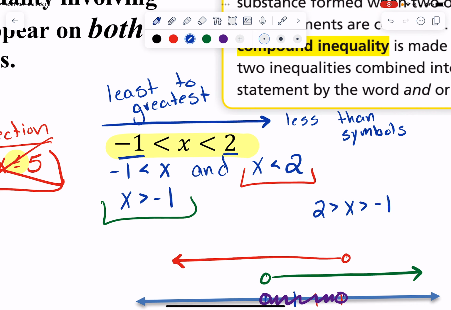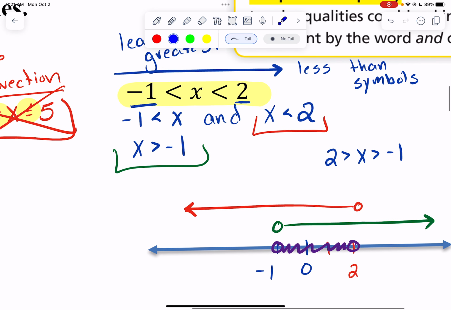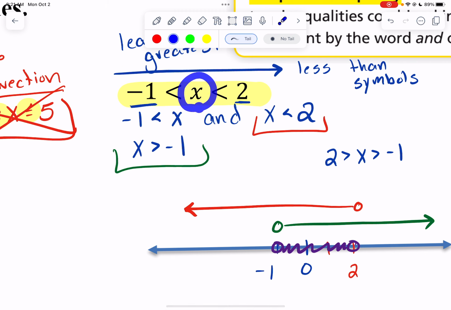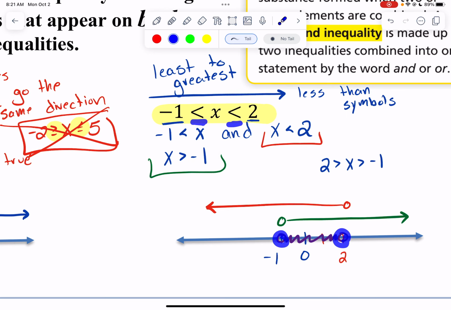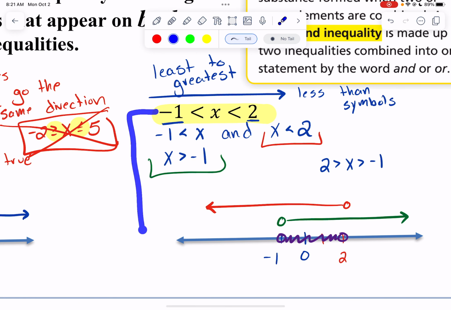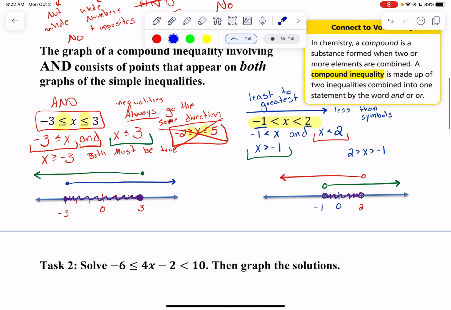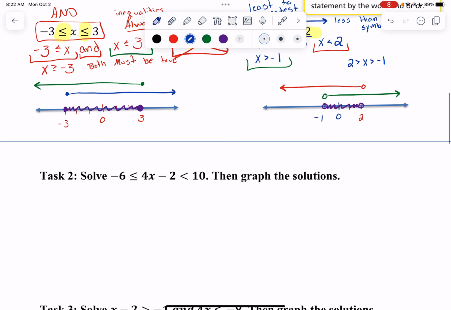But just in general, because our number line goes least to greatest from left to right, we like to write these least to greatest left to right. And you can tell here that x is between -1 and 2. Here, we shaded all the numbers in between -1 and 2, with an open dot at -1 and an open dot at 2. Often, once you get pretty good at these, you can go from here to here without having to write all these middle steps. That's okay if you can do that consistently and get them accurate.